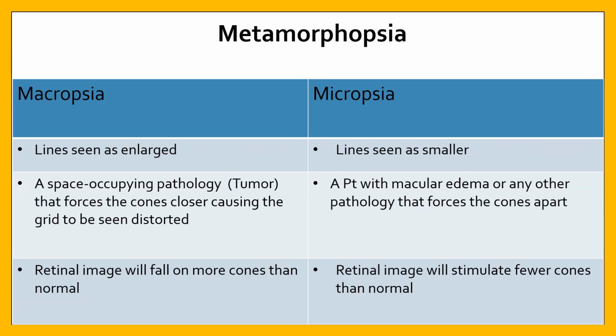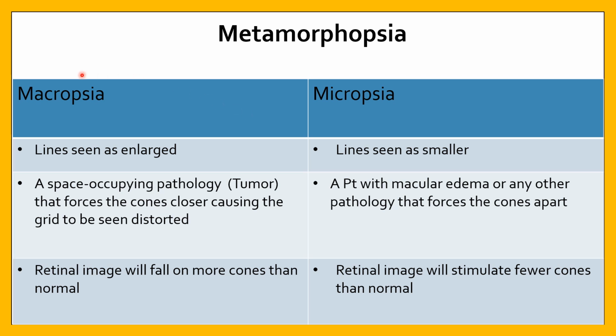Finally, we have reached the topic metamorphopsia, and metamorphopsia means the visual defect that causes linear objects to look wavy or curvy or rounded. It occurs when there is a problem in the retinal layers, and metamorphopsia is further classified into macropsia and micropsia.